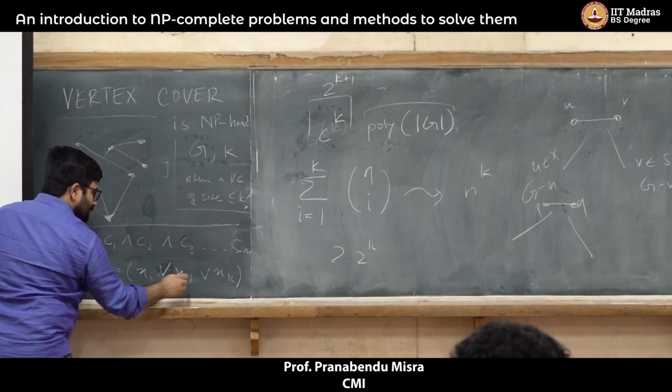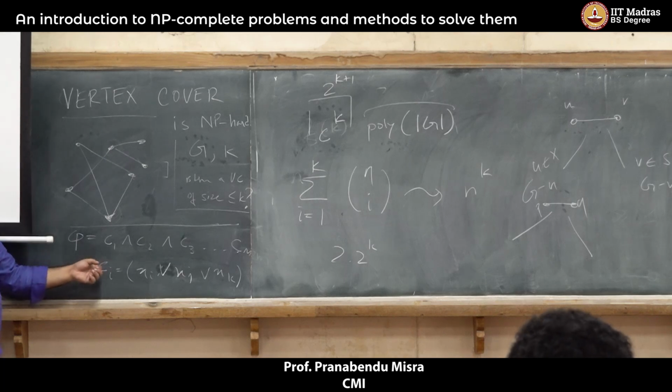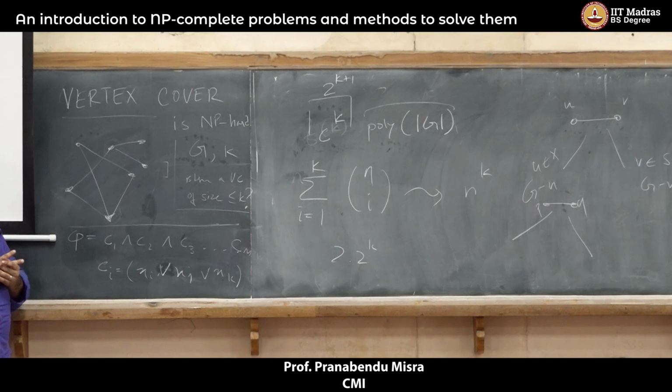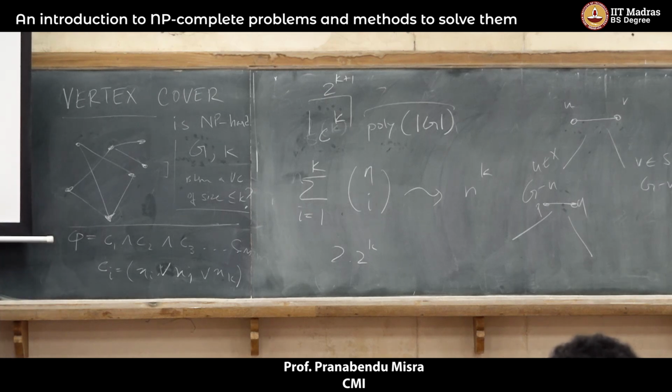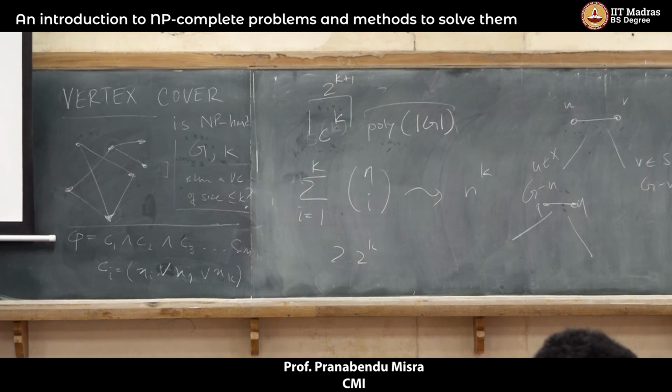So xi, xj, xk could be a variable or the negation of a variable, right? So this is what each clause looks like. So the first question would be, what is my k in this problem? Right? I should have clarified that.